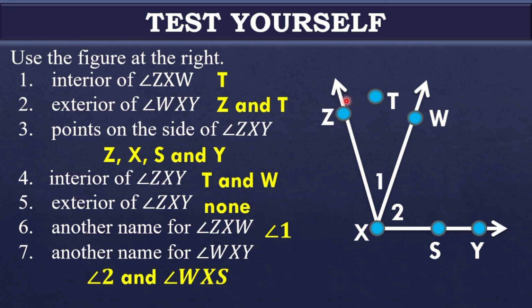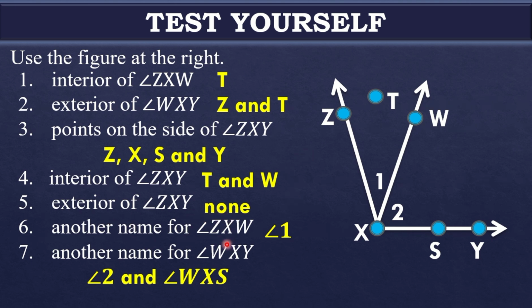Ano-ano yung mga points na nasa loob? So, we have the two points, T and W. And then, exterior of angle ZXY. So, ito si ZXY. So, ibig sabihin, ito yung loob. Ano yung may mga points ba na nasa labas, outside, exterior? Wala po. So, that is none.